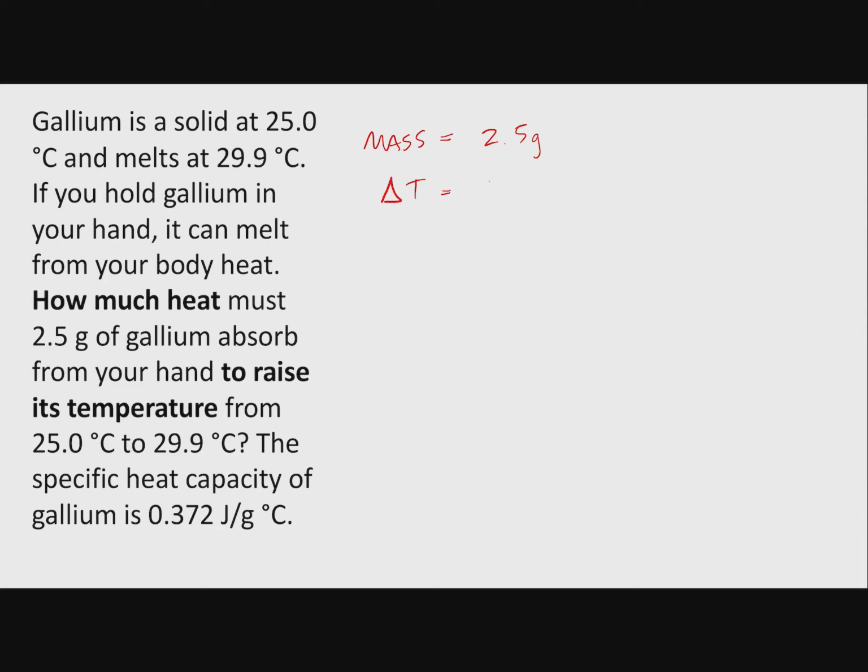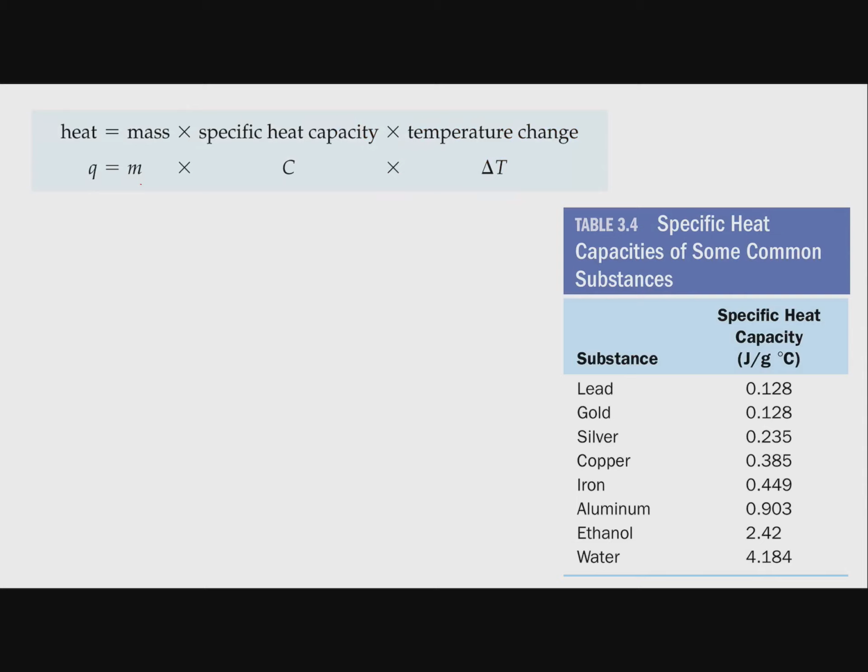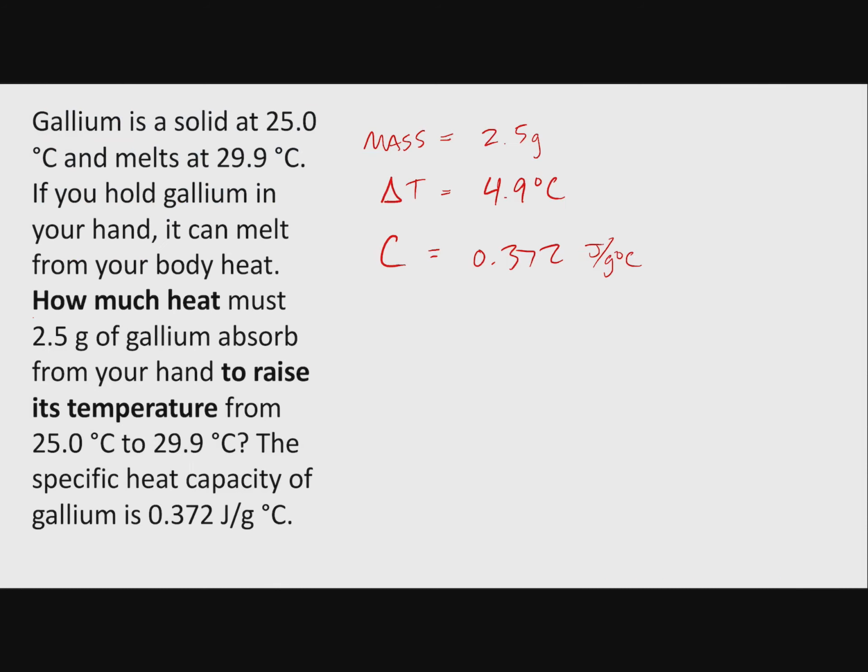So it raised its temperature by what, 4.9 degrees? The specific heat capacity of gallium is 0.372 joules per gram degree Celsius. If we go back to our equation, we see that we have mass, we have C, we have delta T. We don't have heat. And this says how much heat.